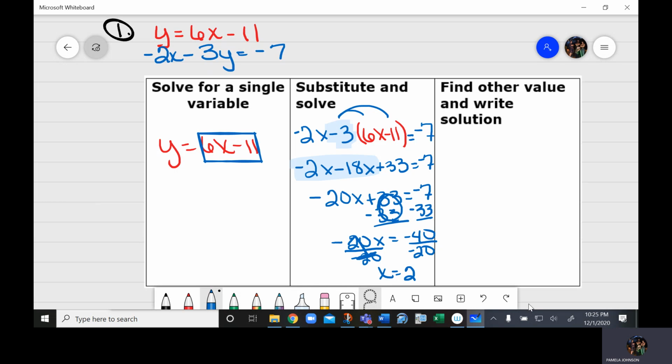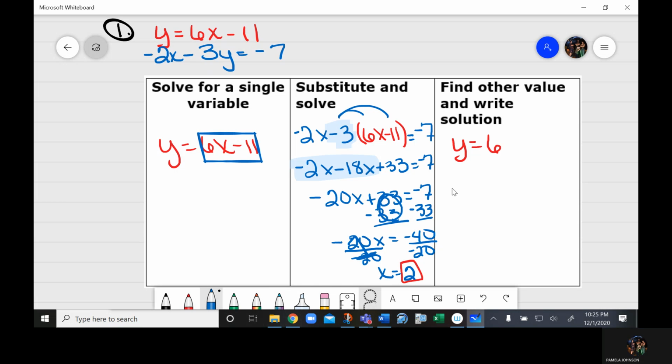Okay, so now we have one of our variables. I could go back to this original equation that we used to get a single variable, y equals 6x minus 11. And I'm going to do y equals 6, only this time, instead of x, I'm going to put a 2.